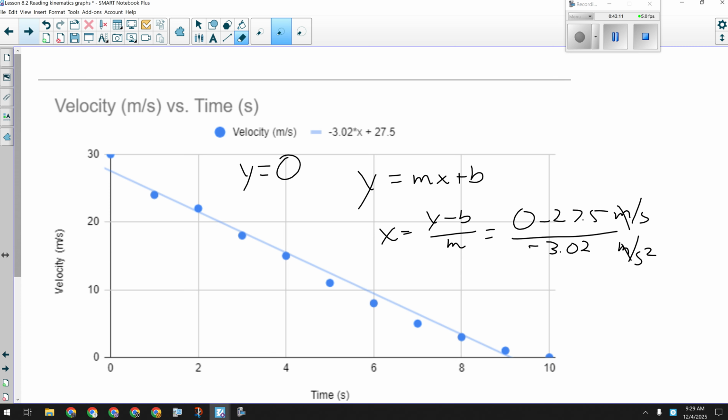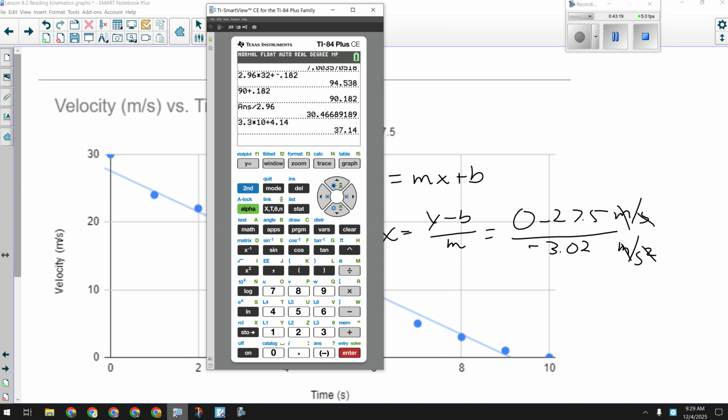So the meters will cancel, and one of the seconds will cancel, and I'll be left with seconds, which is what I'm looking for. So negative 27.5 is the top, well, 0.5. Divided by the bottom, negative 3.02. All right, so that should take 9.1 seconds. That looks like about where the line crosses the x-axis, at around 9 seconds.